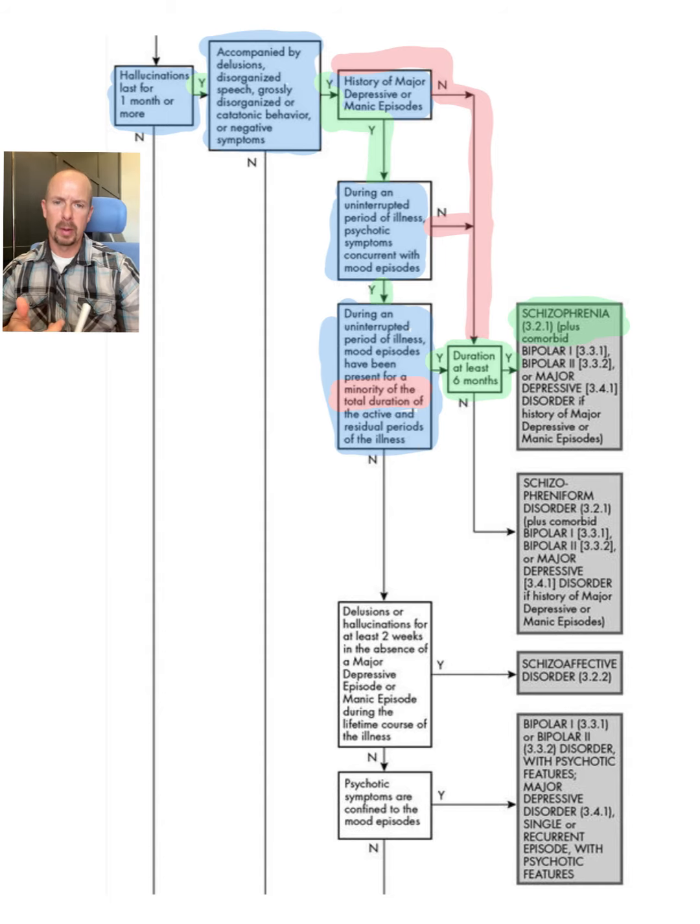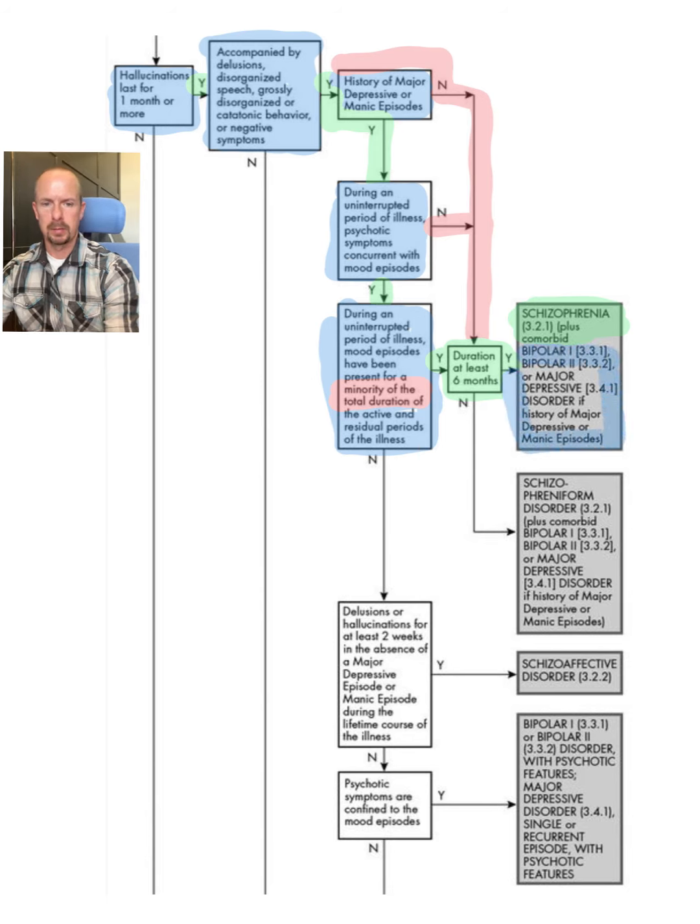If in fact you follow the yes mapping that we just did, where there was an uninterrupted time of concurrent mood episodes, and there was the presence, even at a minority of the total duration, of some mood components, then we would be looking at more along the lines of a bipolar disorder, which we discussed in the previous video.